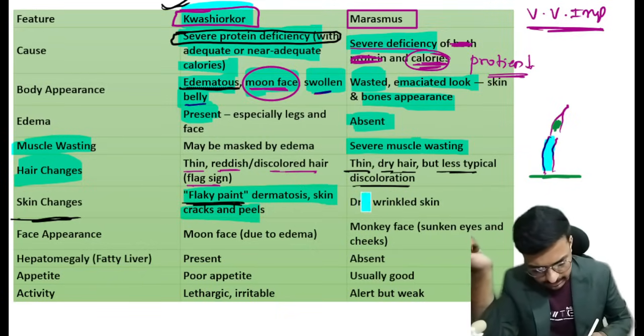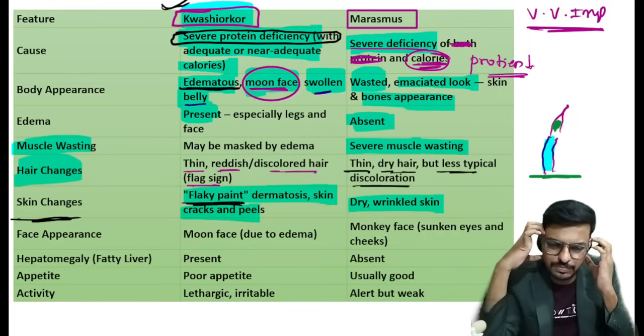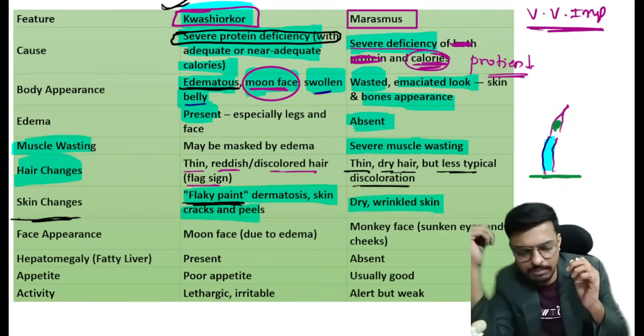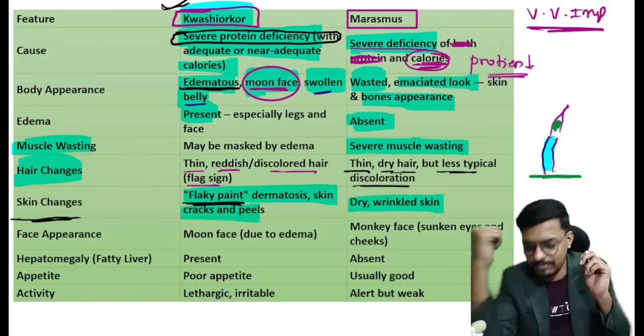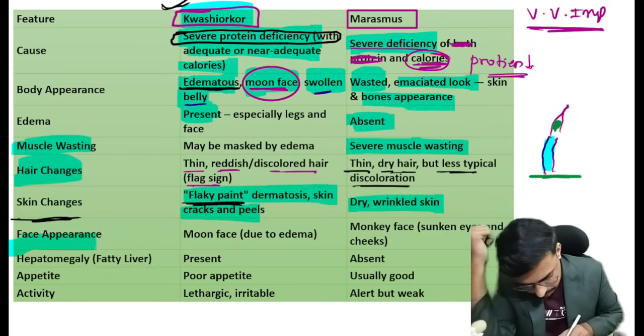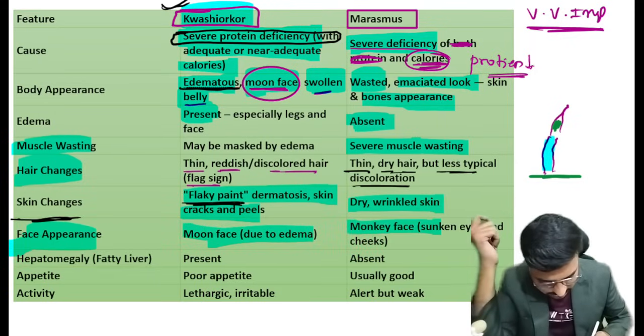In marasmus, dry and wrinkled skin will be there. So the face skin will be dry and wrinkled, and we see a monkey-like face in marasmus. Marasmus is monkey, do remember. So face appearance: moon shape in kwashiorkor, monkey face in marasmus.